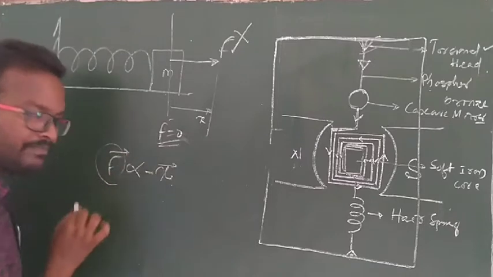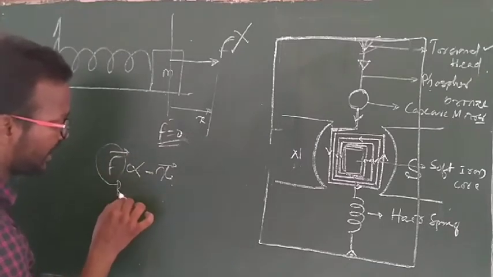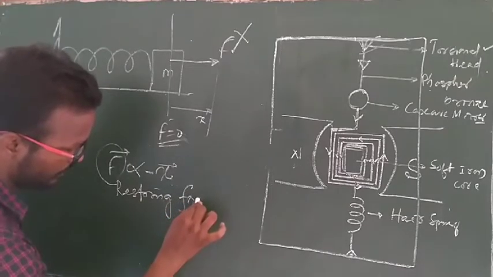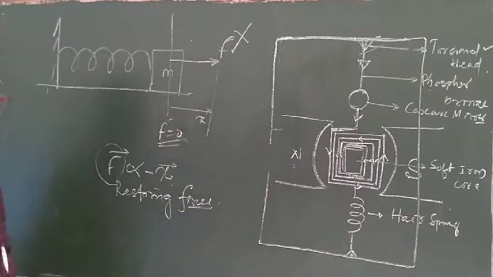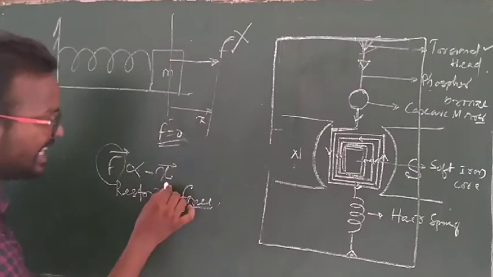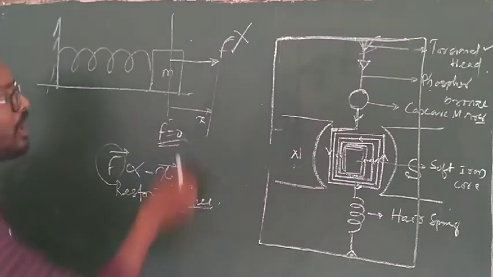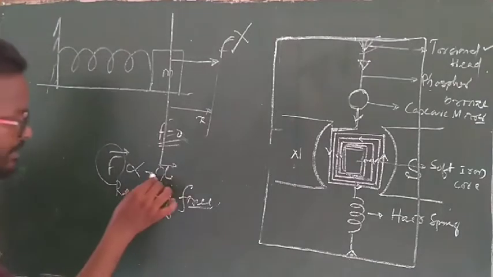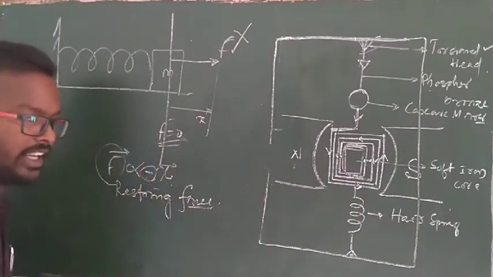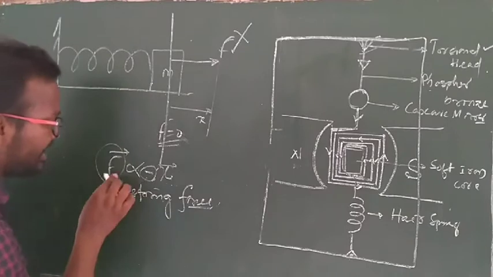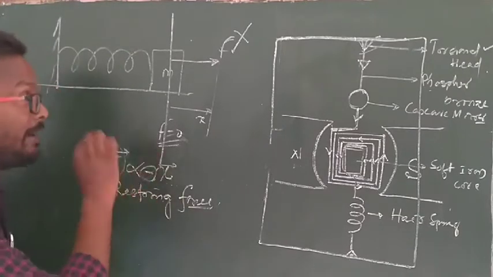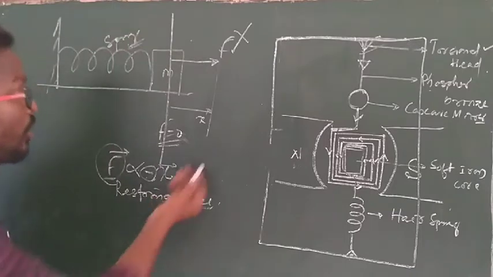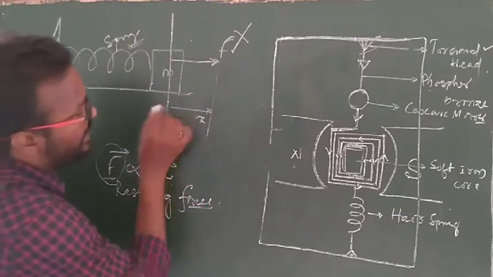Here what is F? F is known as restoring force. What is x? x means displacement from its equilibrium position or mean position. Why the negative sign? The negative sign indicates that the restoring force which develops inside the spring is opposite to the direction of displacement.